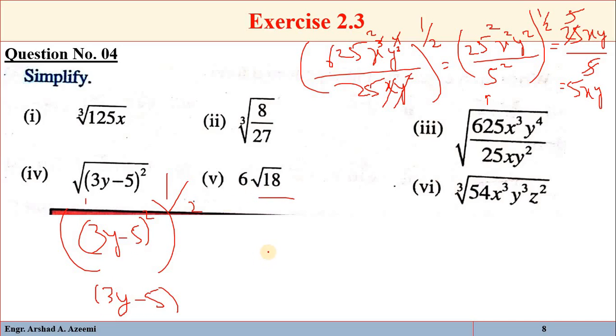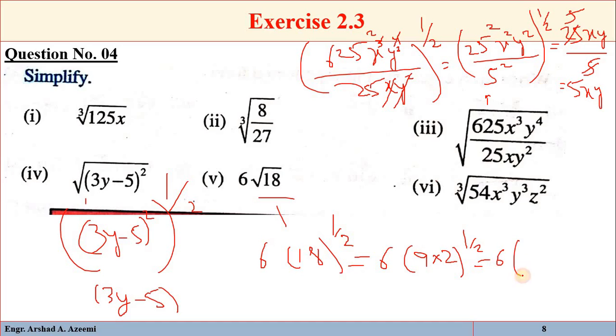And here you can see that 6 multiplied by the square root of 18 can be written as 18 to the power 1 over 2. Now we can write this 18 as 9 multiplied by 2, to the power 1 over 2. Now according to the product rule, we can take this 1 over 2 on 9 and 1 over 2 on this 2.